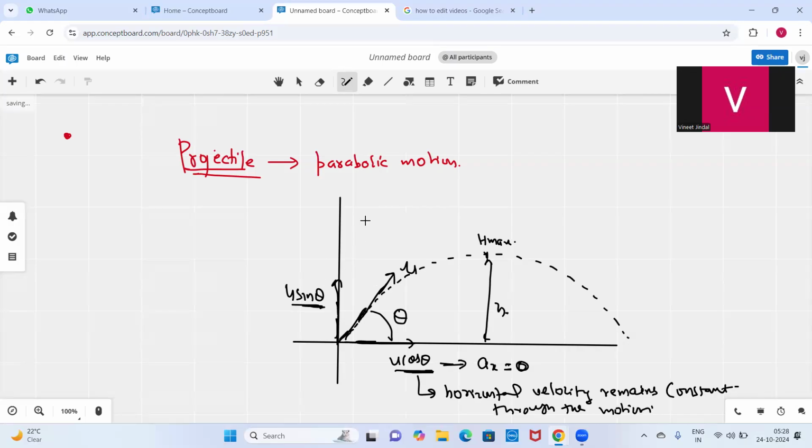And the gravity is acting downwards. So because of the gravity, there is a change in the vertical velocity.